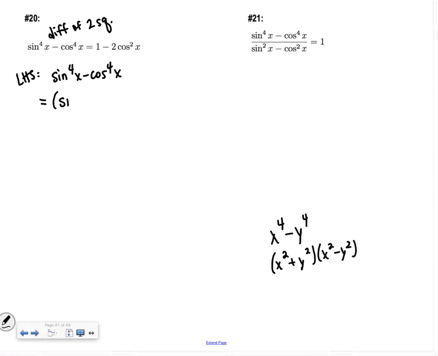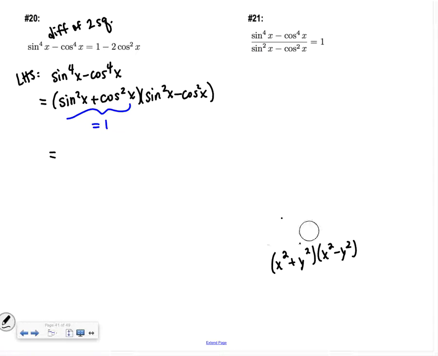I'm going to break it apart into sine squared x plus cosine squared x, and then times sine squared x minus cosine squared x. And when I do that, this whole first part is equal to 1. So I really just have sine squared x minus cosine squared x, which is, again, the difference of 2 squares. So I'm going to factor that into sine plus cosine times sine minus cosine.